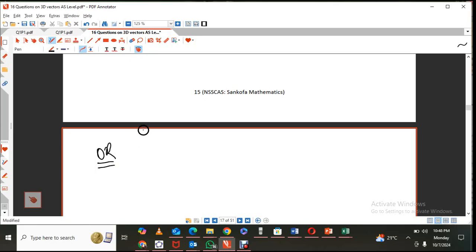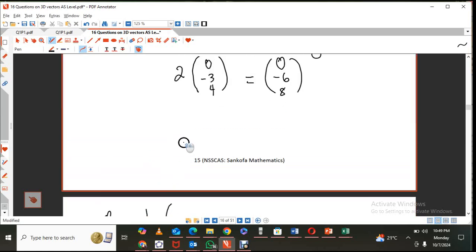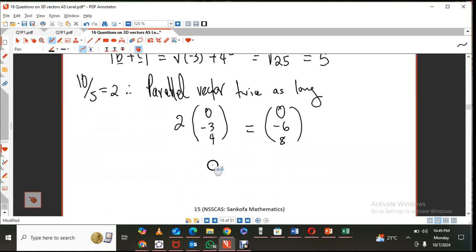The unit vector in the direction of B plus C would be, when we calculated the magnitude, 1 over 5 times the vector. So what was the vector? It was 0, negative 3, 4.